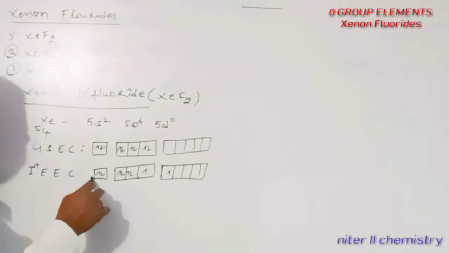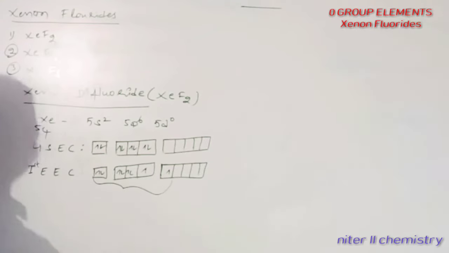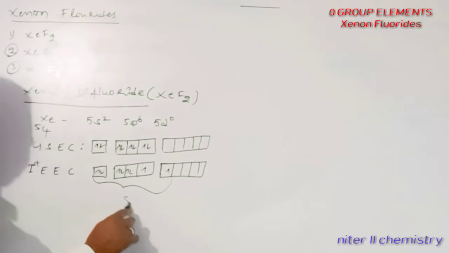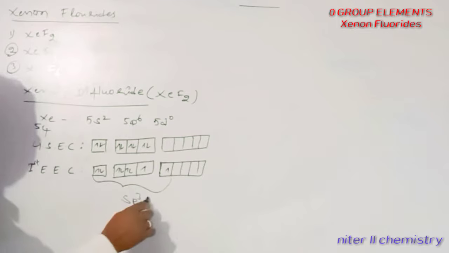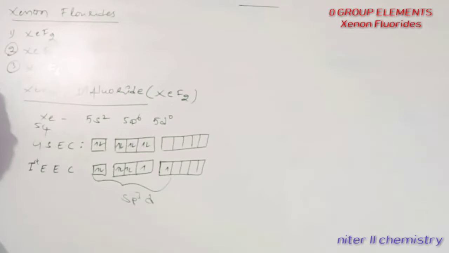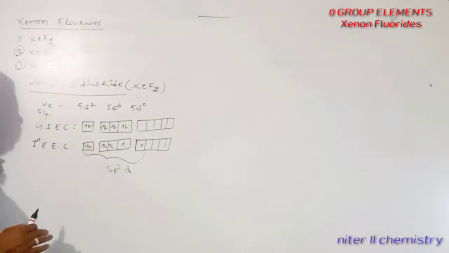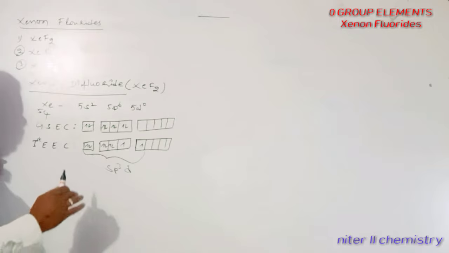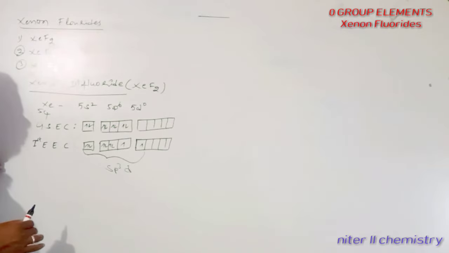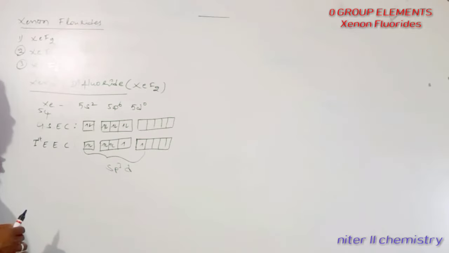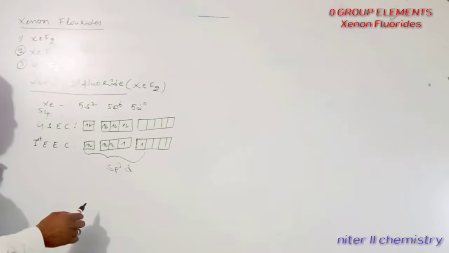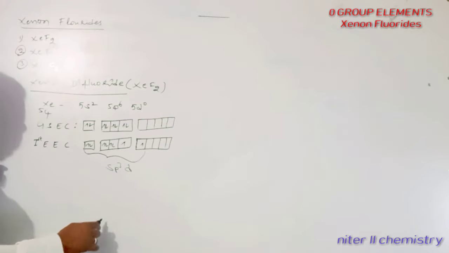In this state, xenon is undergoing sp3d hybridization. How many orbitals are intermixing? There are 5 sp3d hybrid orbitals. These 5 sp3d hybrid orbitals are identical and equal. The geometry of sp3d hybrid orbitals is trigonal bipyramidal.